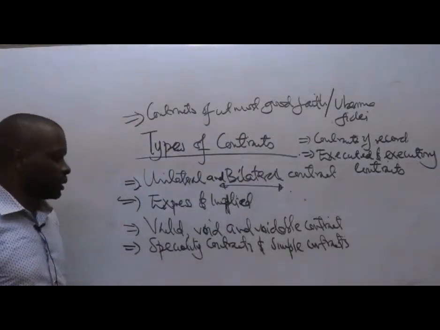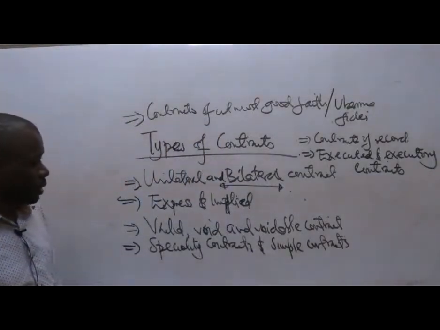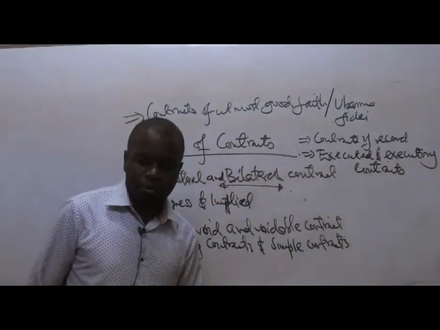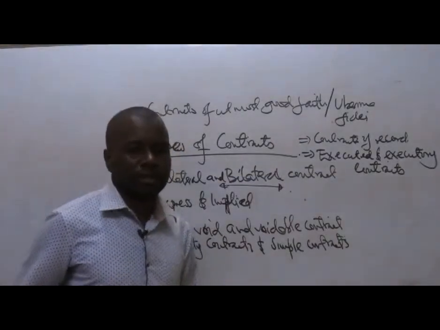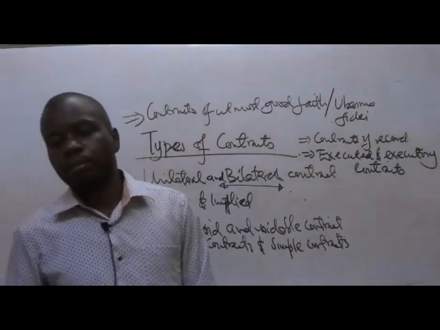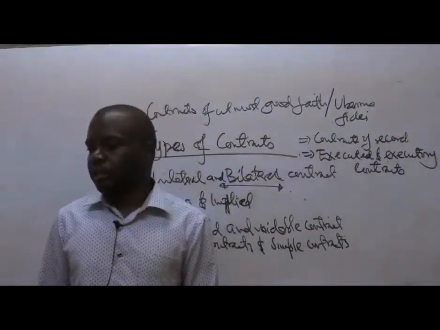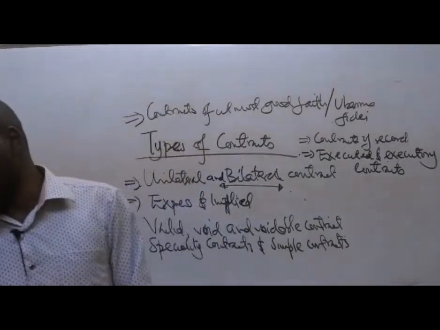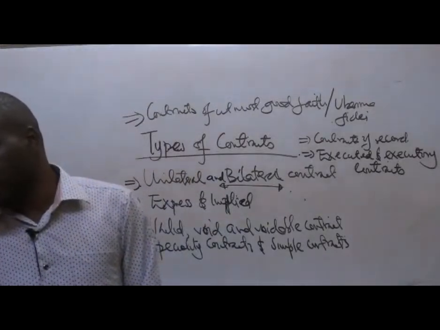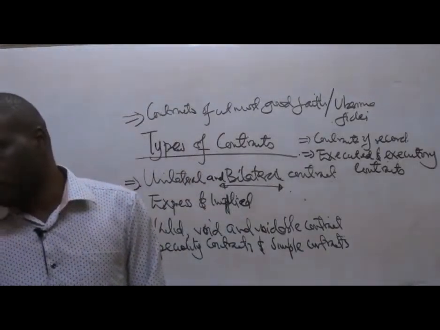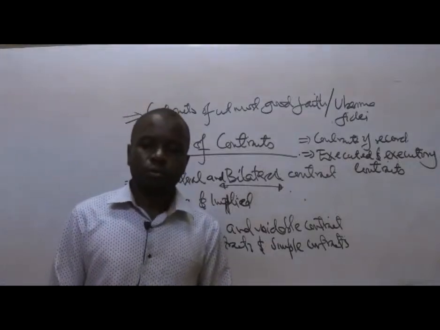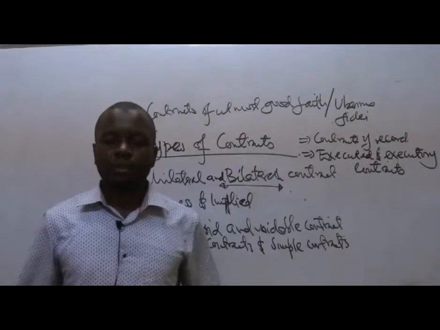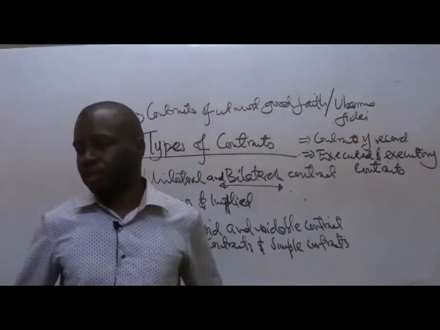Then you have specialty contracts and simple contracts. When we talk about specialty contracts, these are contracts that must have, for example, a common seal, or must be stamped or sealed before they can be recognized as contracts or agreements. So if it is a certificate of incorporation of a company, of course it must have what we call a common seal from the Register of Companies. So it can be termed a specialty contract.